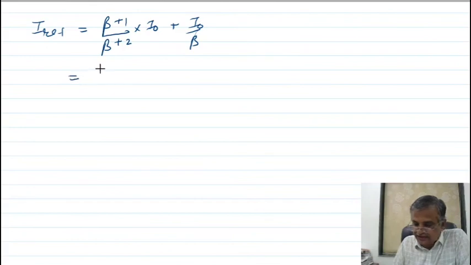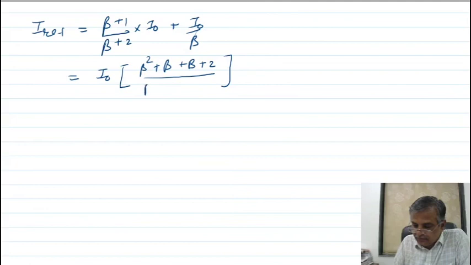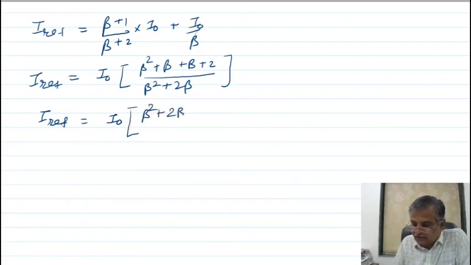So I can write I0, taking common, beta square plus beta plus 2 upon beta square plus 2 beta. So I reference is equal to I0 into bracket beta square plus 2 beta plus 2 upon beta square plus 2 beta.